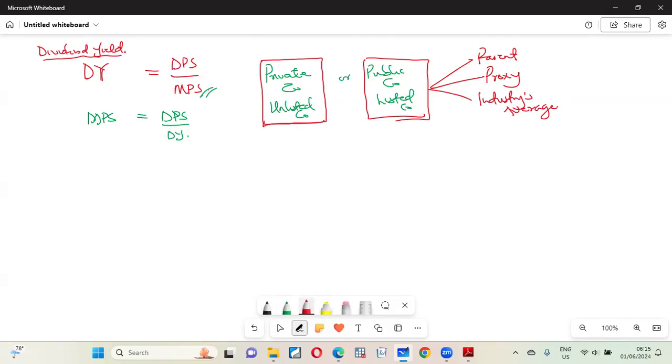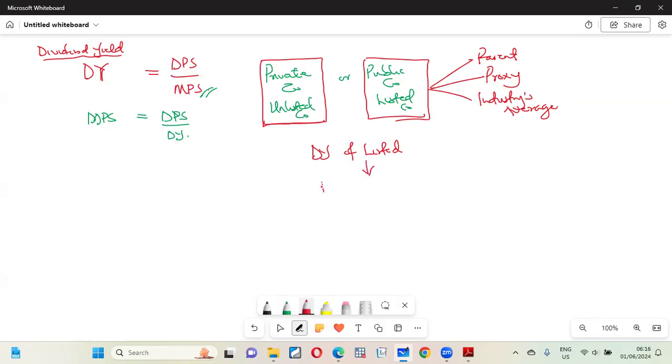This is the formula for the DY. So you look at that party whose DY you are going to use and look for this information for that party. All right. And when you finish getting the DY of a listed company and you want to use it for the unlisted company, you will scale it up.